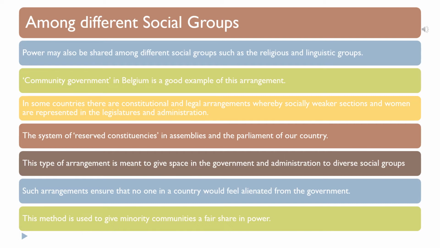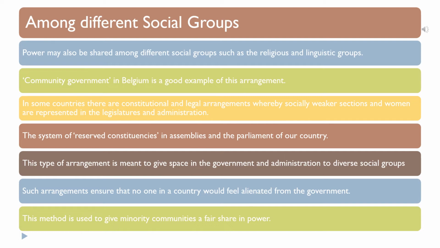It is still pending, but yes, the arrangement is there. The system of reserved constituencies in assemblies and the parliament of our country is a way of power sharing among different social groups. This type of arrangement is meant to give space in the government and administration to diverse social groups.